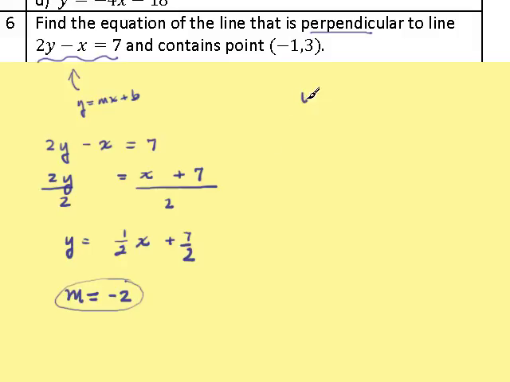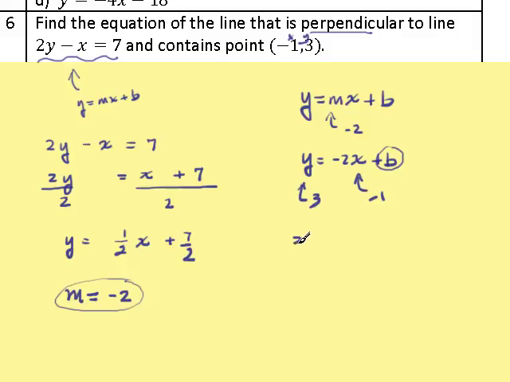So now we'll write down the equation of our line using y equals mx plus b again, putting the negative 2 here, and substituting to get b. All right, minus 1 here, 3 here. 3 is equal to 2 plus b.